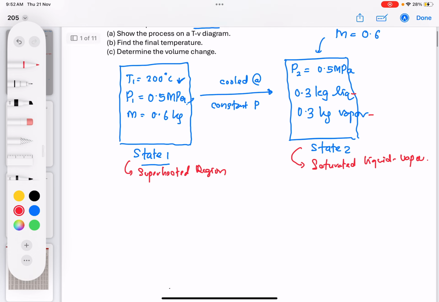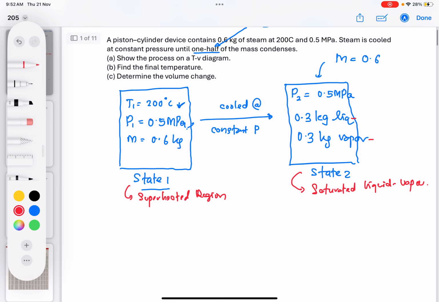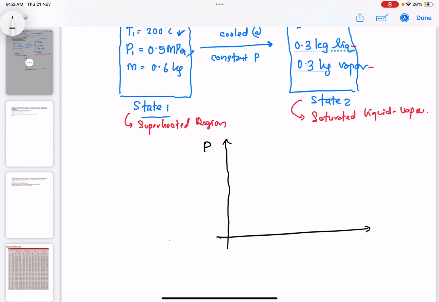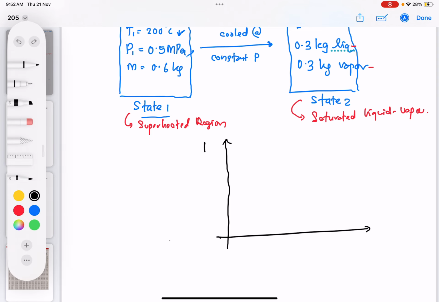Alright, so the first part of the question is asking us to draw the process on a T-v diagram. I'm going to plot T versus v, which is the specific volume.